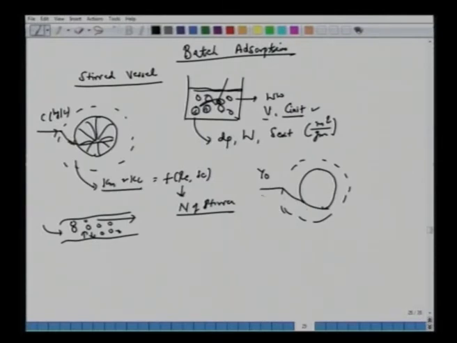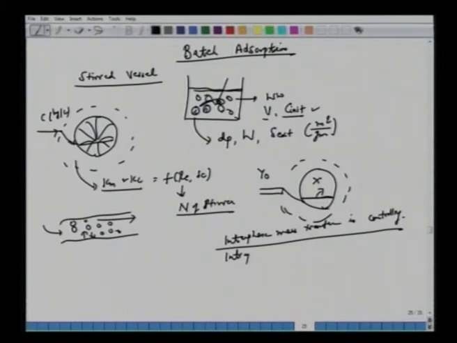After some time this concentration will drop and the solid concentration will increase, but there is only one concentration here, X. There is no concentration drop here. Why? Because we are saying that interphase mass transfer is controlling. Pore diffusion or intraphase mass transfer is fast, or the diffusion resistance is small here.